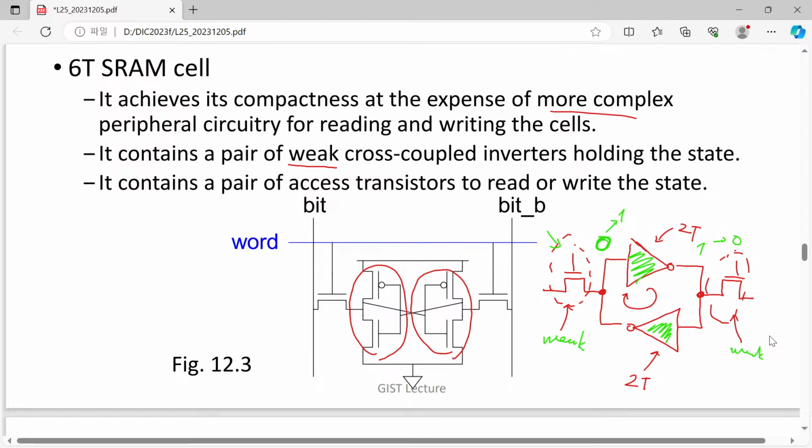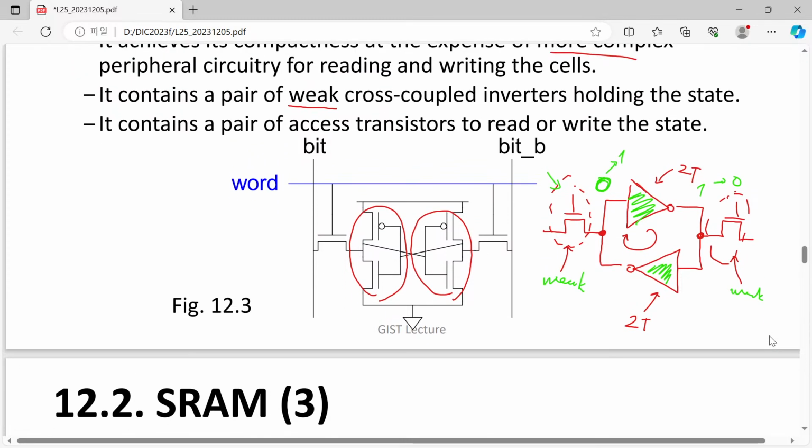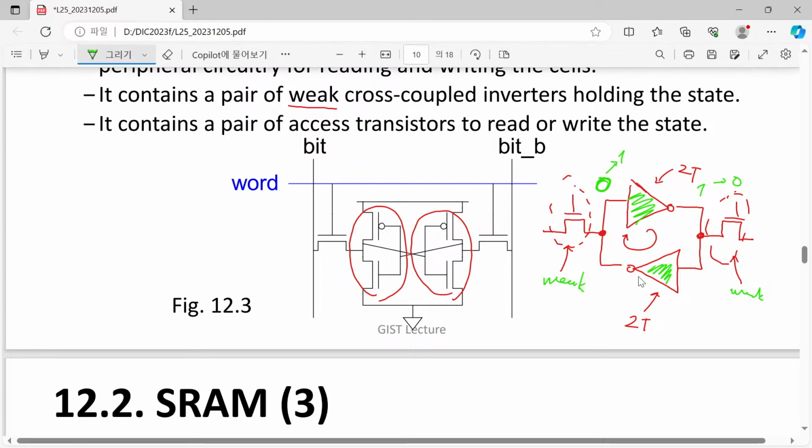So of course, for static performance, we must have the feedback loop. However, that feedback loop should not be too strong. It should be relatively weak because we want to eventually change it. Now you can easily understand that in the usual hold case you have just a feedback loop.